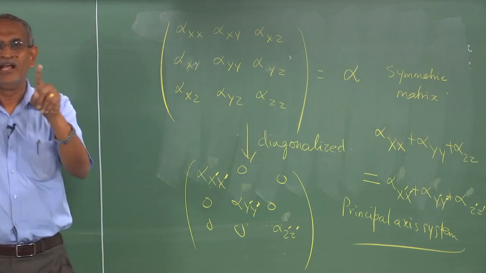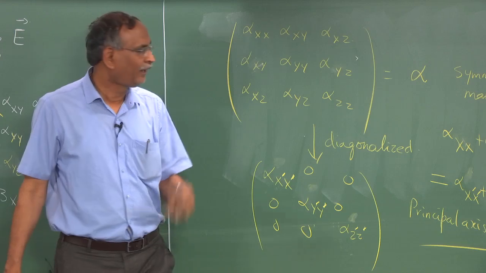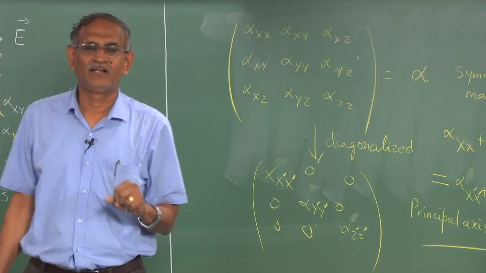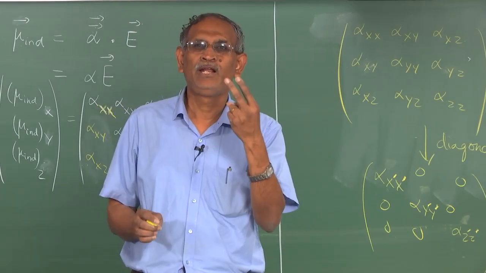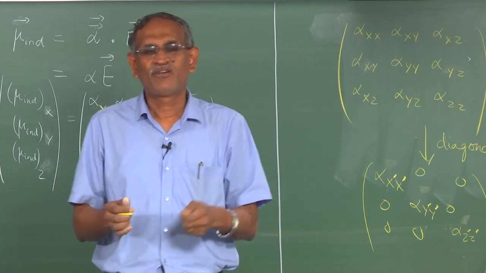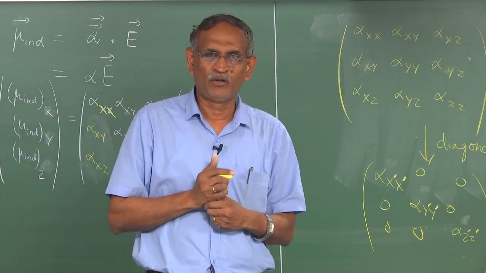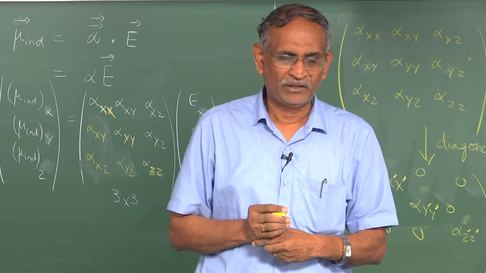So, there is a constraint that there is a constant. The constant is the sum of the 3. Therefore, we have 3 quantities with one constraint. Finally we have only 2 independent quantities, and these are called the polarizability parallel and polarizability perpendicular, that we will talk about in Raman spectroscopy in the next lecture.